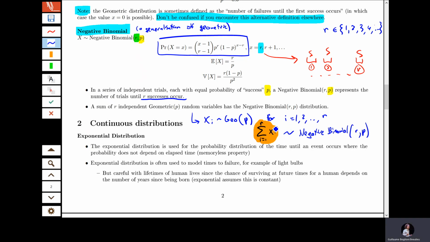I get the number of trials needed to get 2 successes. If I keep this process going, and sum X1 plus X2 up to Xr, what do I obtain? Exactly the number of trials needed to obtain exactly r successes. And this is precisely the definition of a negative binomial. How many trials did I need to obtain precisely r successes?